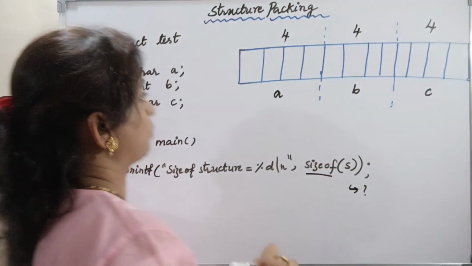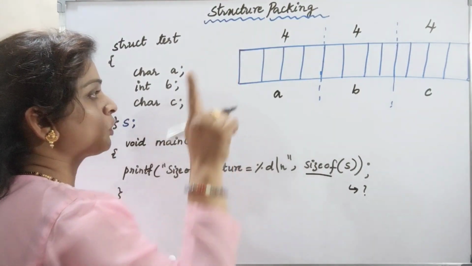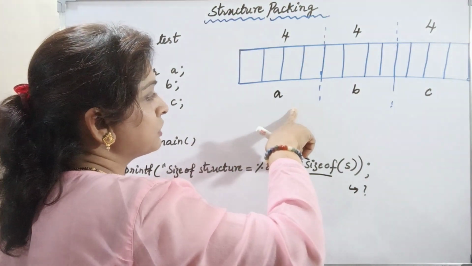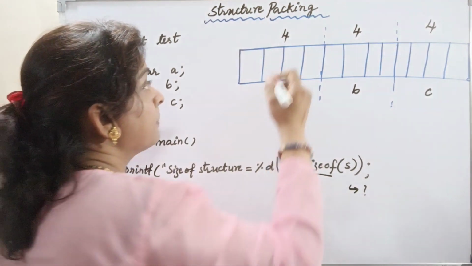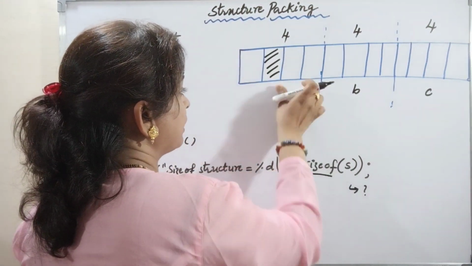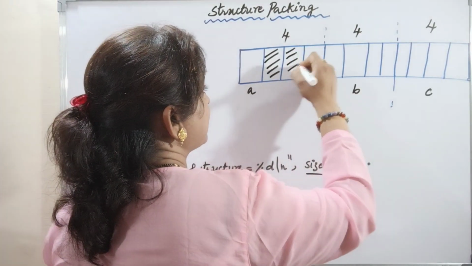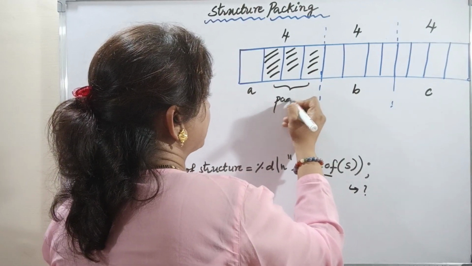Let us analyze now. Character A means it should get only 1 byte, right? So according to the data alignment, the compiler is going to fill the padding bytes. A is only 1 byte, and the remaining 3 bytes will be the padding bytes.